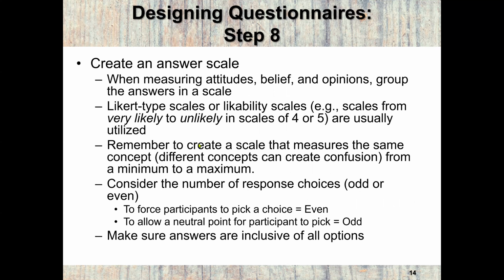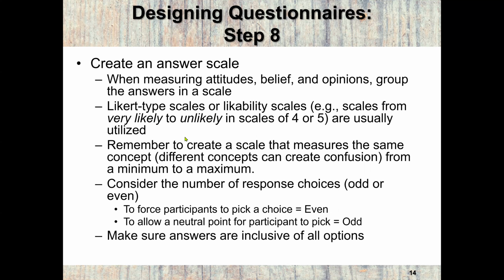Then step 8, we are going to create an answer scale. When measuring attitudes or measuring a belief or opinion, group the answers in a scale. For example, we can use the Likert scale or any type of scale system. Here we say Likert type scales or likability scales.